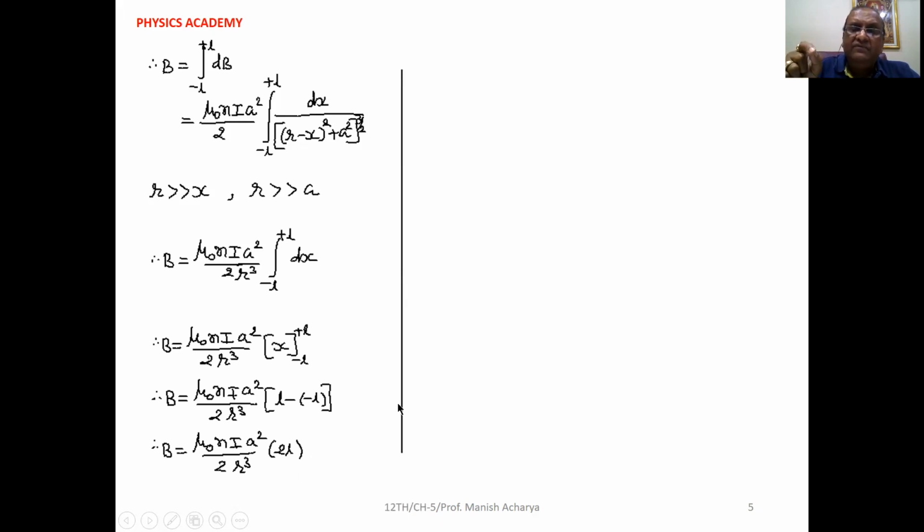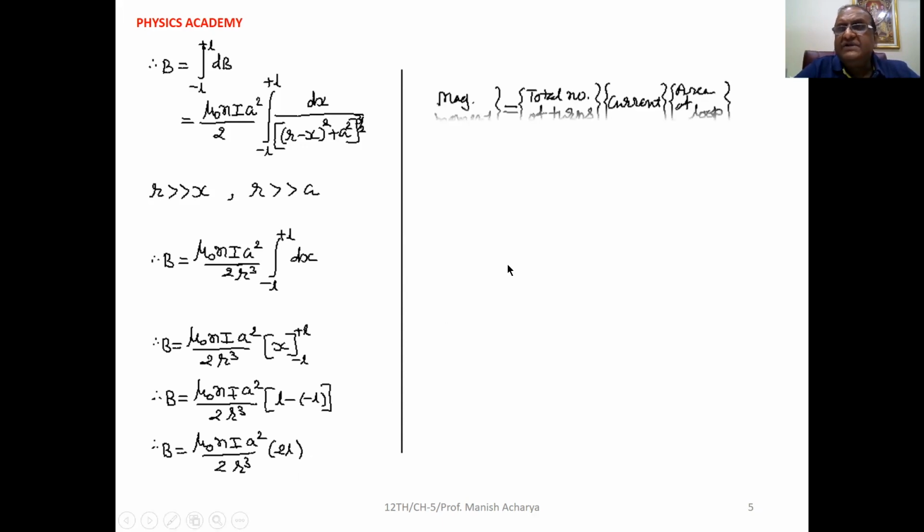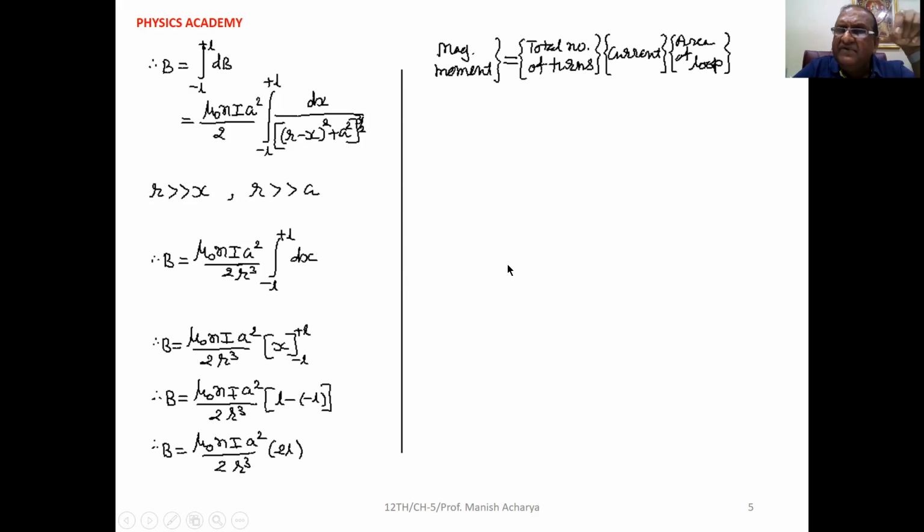Now we want this equation in terms of magnetic moment. Now see, as per definition, we can write magnetic moment as NIA, meaning total number of turns, I is current, and A is the area of the loop.